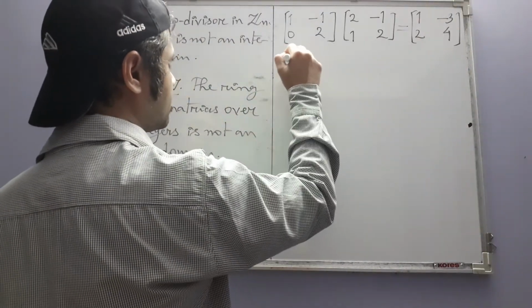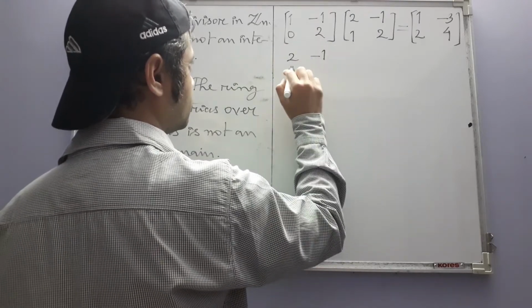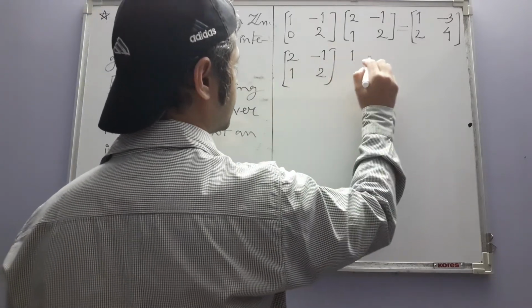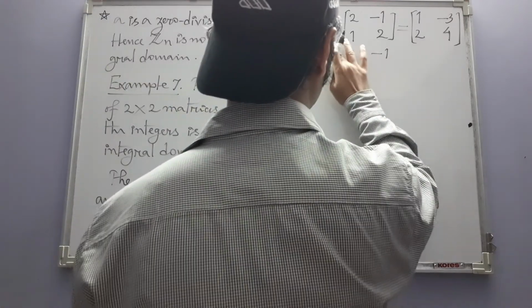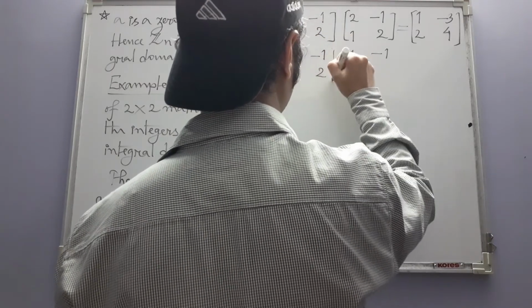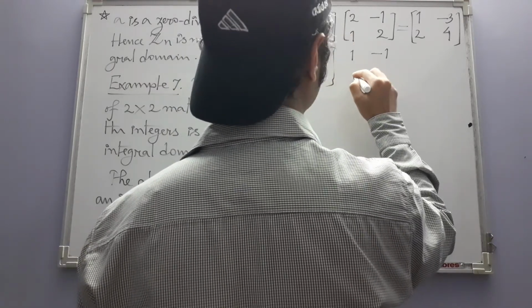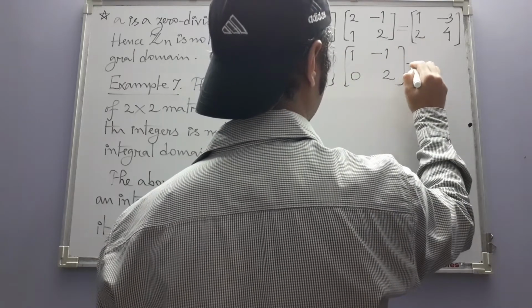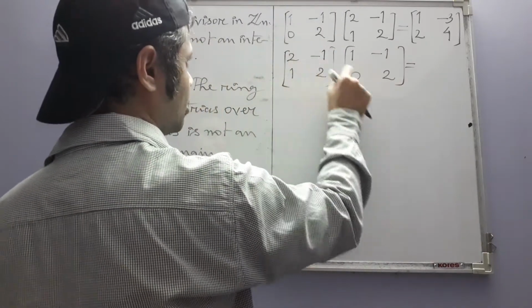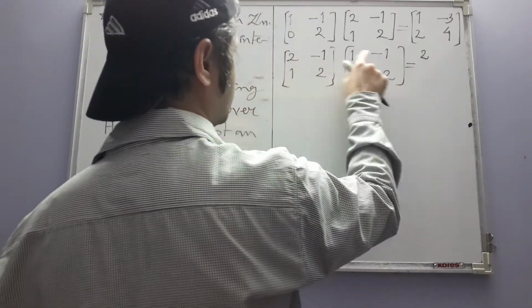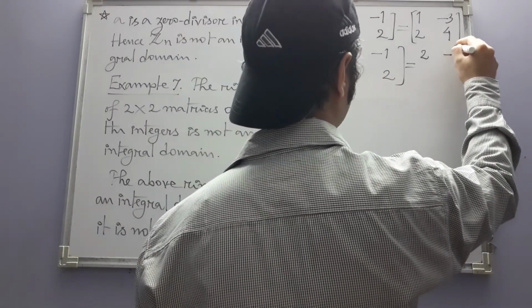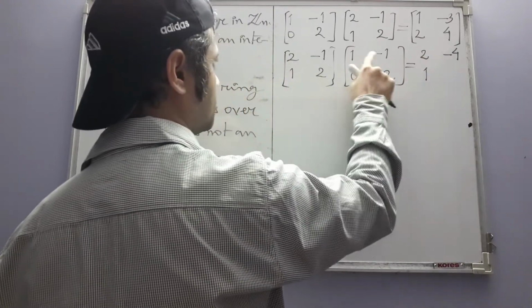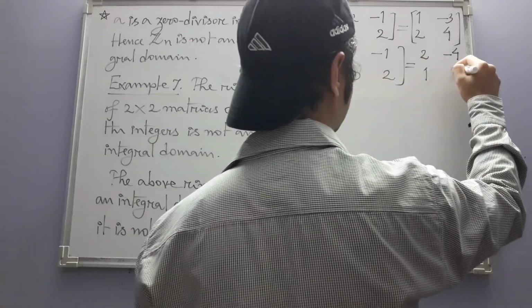And if we change the order, 2 minus 1, 1 2 times 1 minus 1, 0 2, then 2 plus 0 2, minus 2 minus 2 minus 4, 1 plus 0 1, minus 1 plus 4 3.